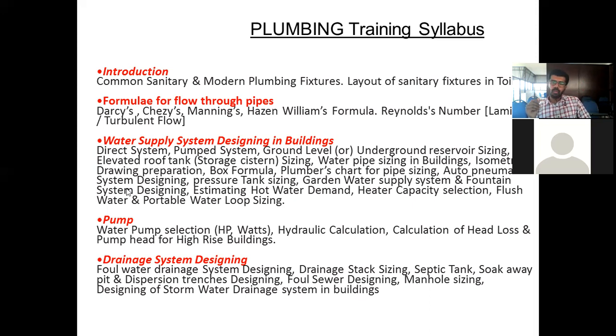Now, one connection from the water supply, we can give to the water heater if you need a hot water system. I was telling about the cold water, but in places we need hot water also. There are different methods. One is you can use individual geysers, or water heaters, in your toilet.